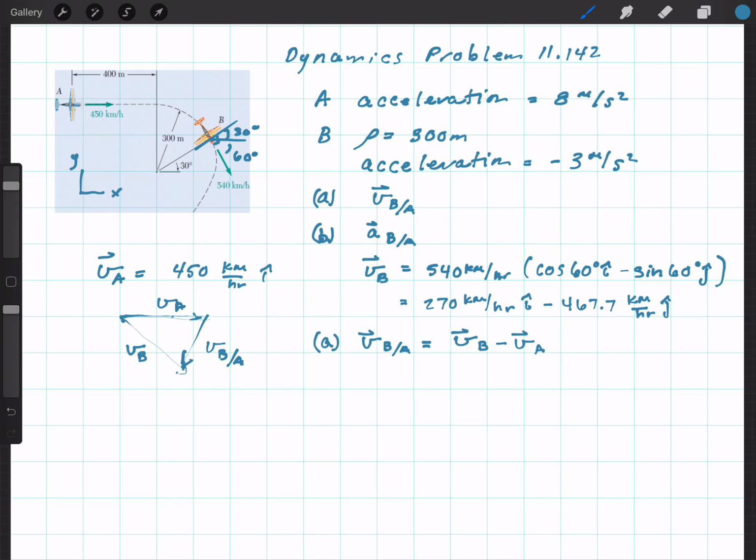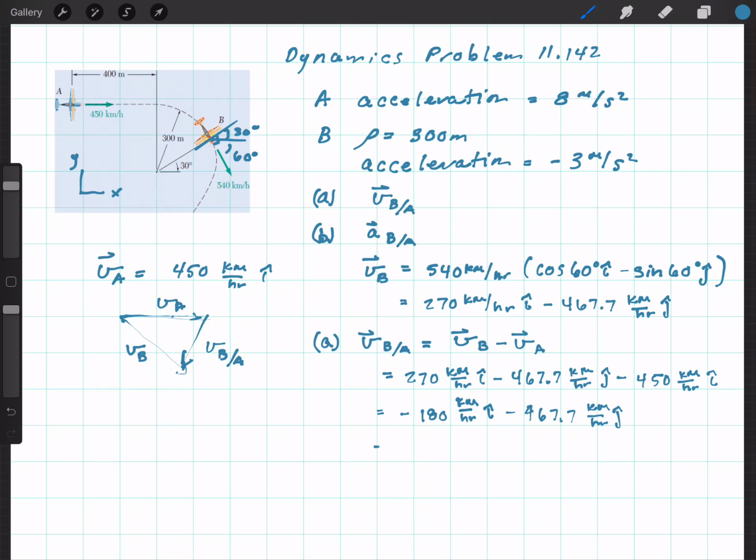So we have our vectors written out here. 270 kilometers per hour i minus 467.7 kilometers per hour j minus 450 kilometers per hour i. Combining like terms, we end up with negative 180 kilometers per hour in the i direction minus 467.7 kilometers per hour j.